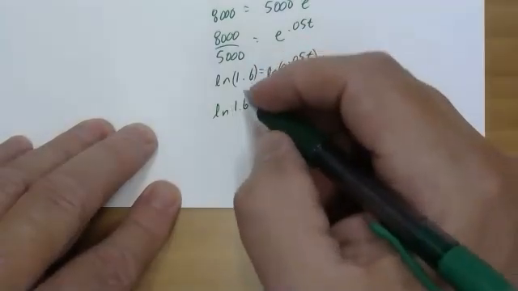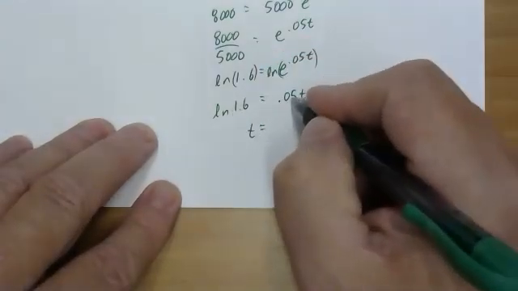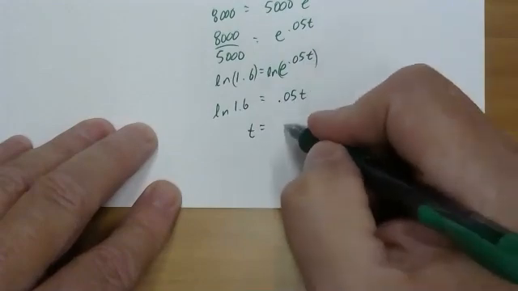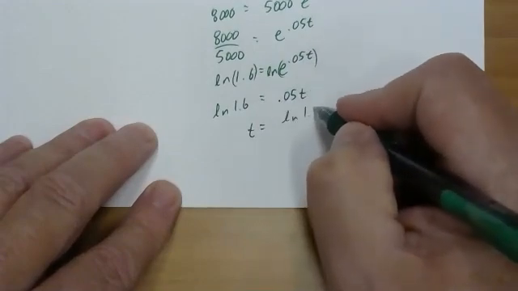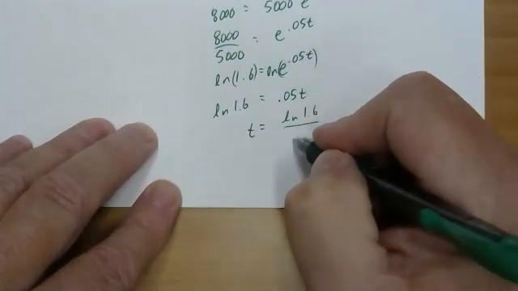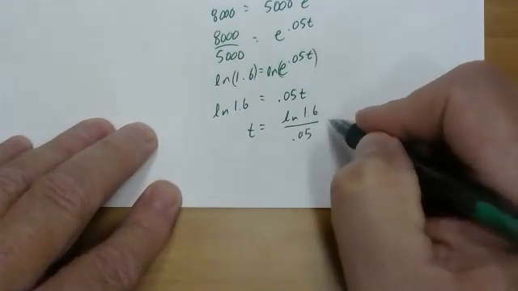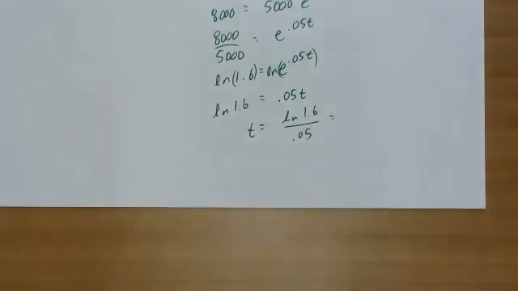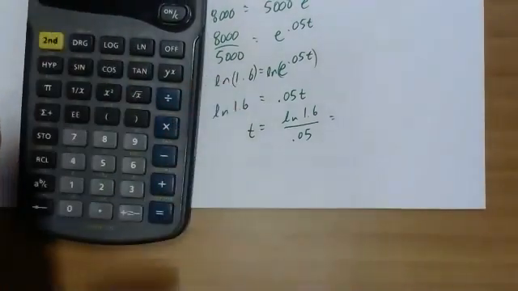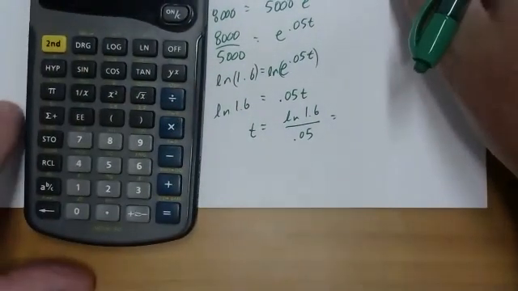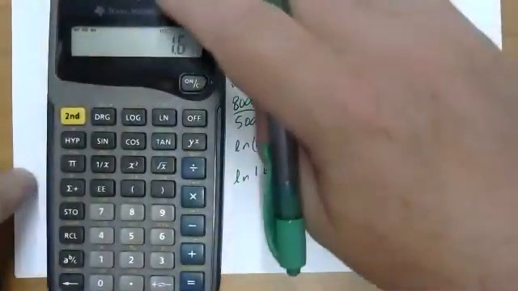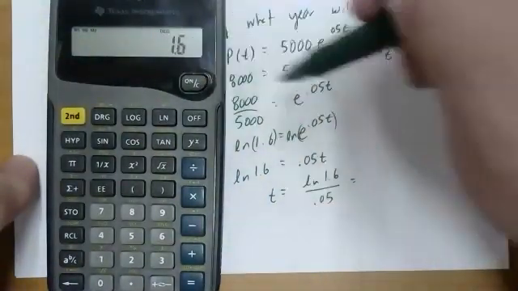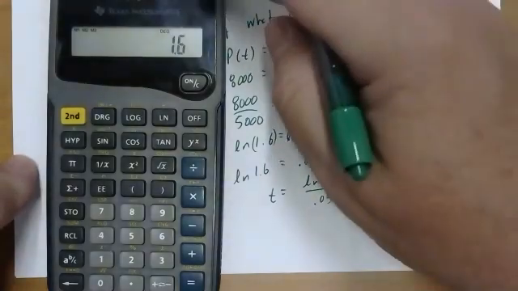So if I want to solve for t, I divide both sides by 0.05. So basically t is going to be the natural log of 1.6 divided by 0.05. That's a pretty simple calculation on my calculator. Matter of fact, my 1.6 is still here. So let me take the natural log.